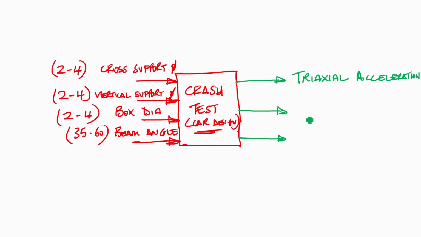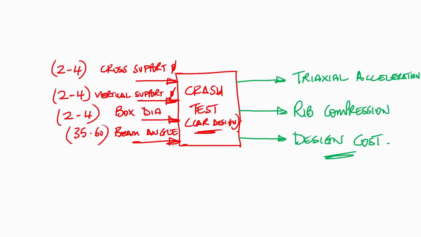We have to pass the rib compression test. And finally, of course, we need to keep the design cost to a particular level. Can't just spend fortunes getting this right. So we have 4 inputs and we have 3 outputs.